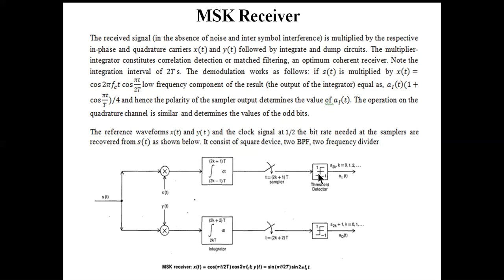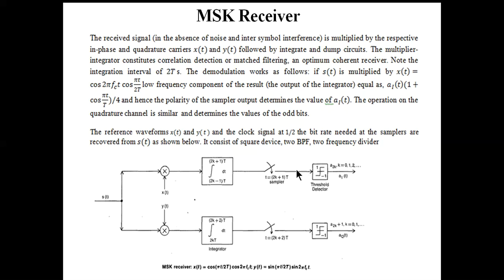The operation of the multiplier, integrator, sampler and threshold device is similar to what was already discussed for QPSK or PSK. So we get ultimately aI(t) in the first threshold section and aQ(t) in the second section, and if we combine them, we get the final bit.